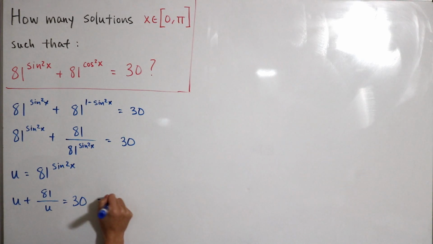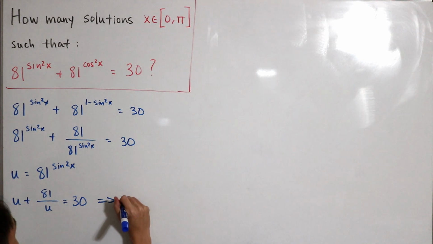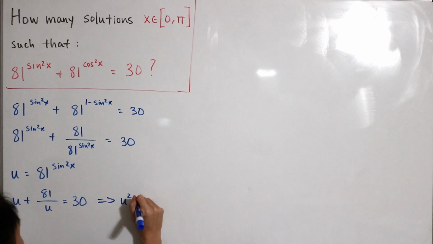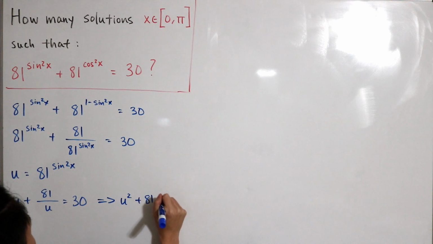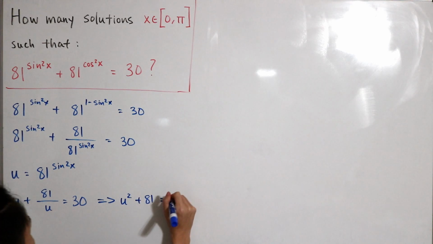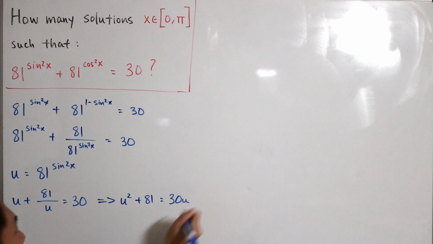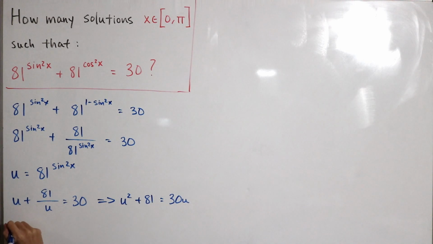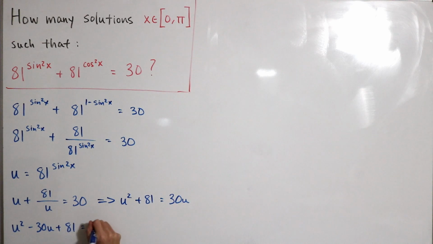If we multiply u to both sides of the equation, we have u squared, and that cancels out the u in the denominator. So u squared plus 81, and we do the same thing to the other side, so 30u. Now if we set this equal to 0, I can subtract the 30u, so u squared minus 30u plus 81 equals 0.